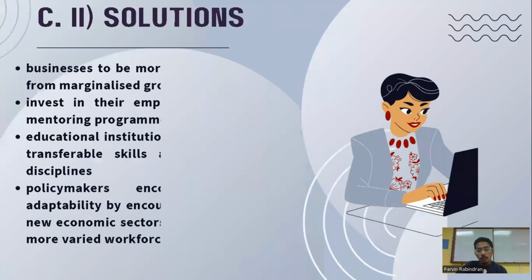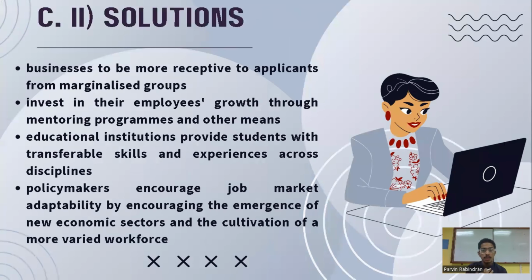Furthermore, the analysis has also led to findings for solutions to the issues that I stated above. So here are some solutions which I have suggested. A solution to this problem would need businesses to be more receptive to applicants from marginalized groups and to invest in their employees' growth through mentoring programs and other means.